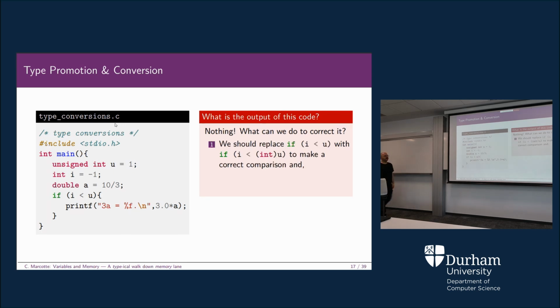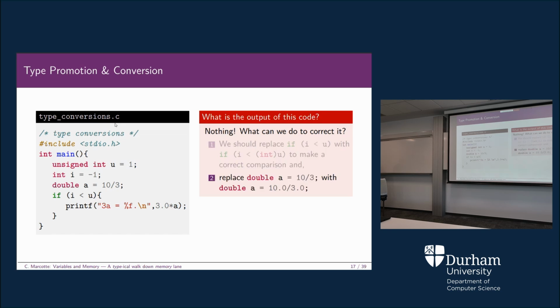So the easiest thing in this case is to just convert u, i less than int u. That'll make a correct comparison, at the very least. Another thing, we could replace a equals 10 divided by 3 with 10.0 divided by 3.0, because with a we're relying on implicit conversions.